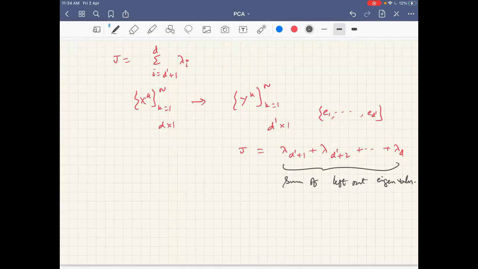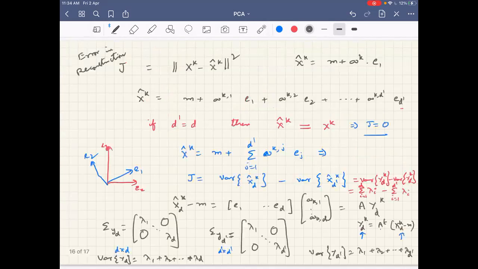Okay, so this is a simplified expression for quantifying the error. Okay, fine.